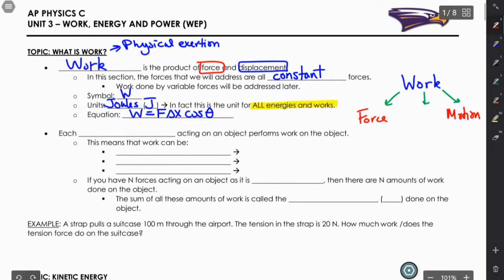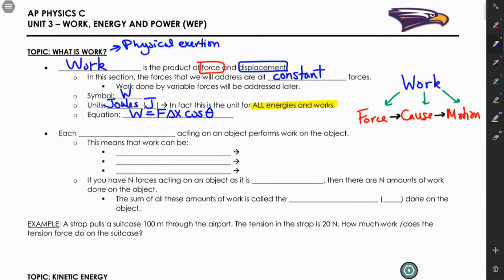You have to move. And the third thing is there has to be a cause: the force exerted has to cause the change in motion. Again, they'll do this on multiple choice questions and say, identify the situation where work is being done. It may be one of those case 1, case 2, case 3 type problems.